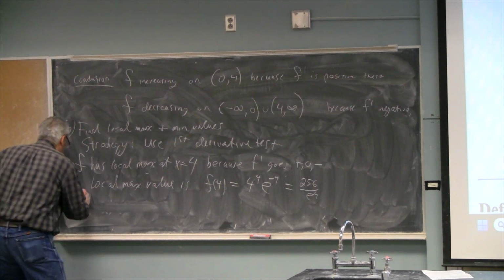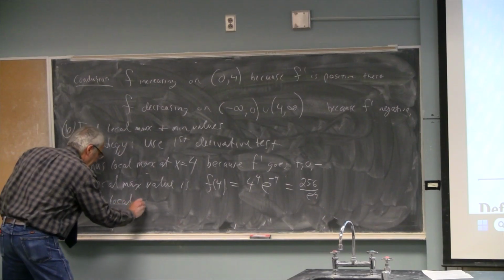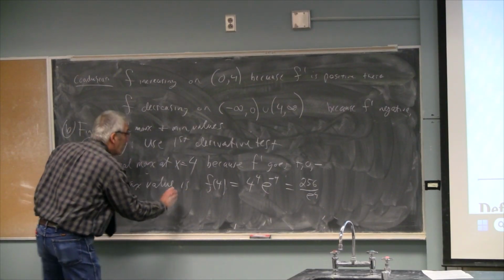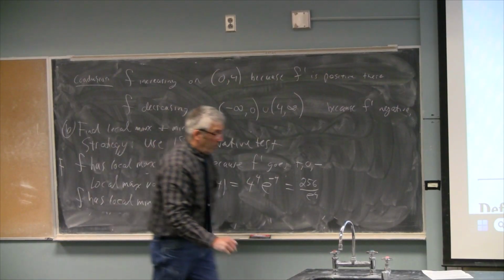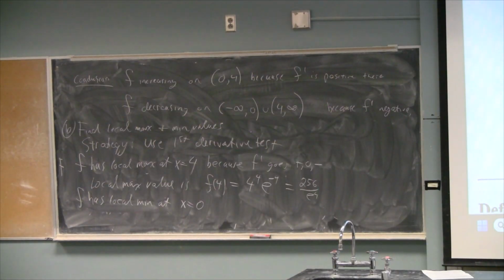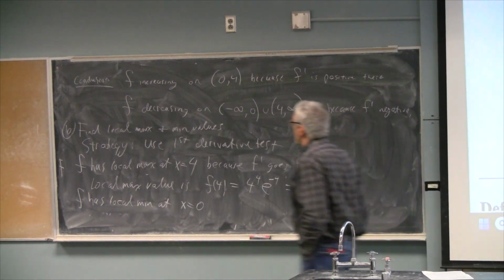Okay, f has a local min at x equals 0, because if you go over to this table, at x equals 0, f prime changes from negative to 0 to positive. That means f changes from decreasing, going down, to increasing, going up. So f has a local min at x equals 0.